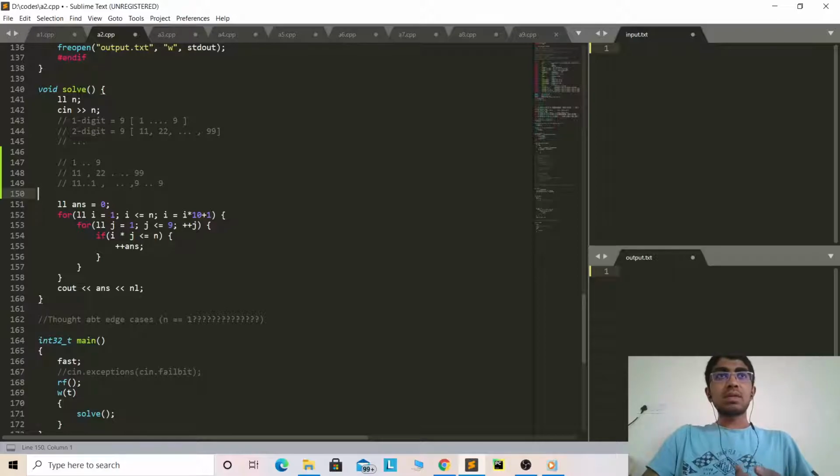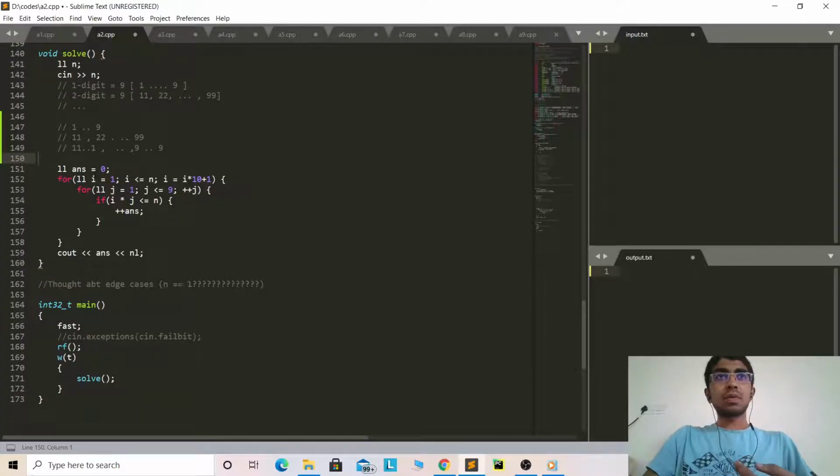For example, for 1 digit numbers they would be 1, 2, 3 till 9, so they all have the same digit. For 2 digit numbers, it will be 11, 22 till 99. If it's a 9 digit number, again the count will be 9. So the maximum answer will be 81 only, so we can just brute force it.